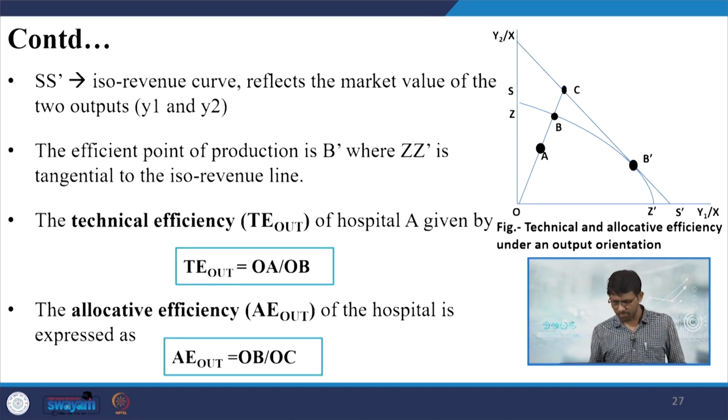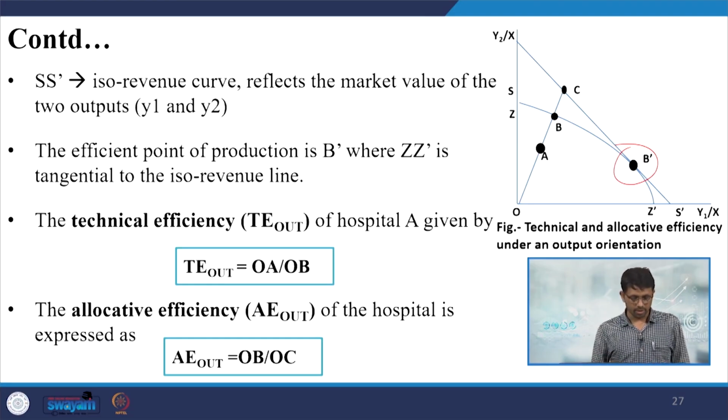So, SS prime in fact is the iso-revenue curve, which reflects the market value of the two outputs, Y1 and Y2, usually called the price line or the contract curve. The efficient point of production is in fact B prime, which is highlighted over here, at the tangential point between the iso-revenue line and the production possibility frontier.